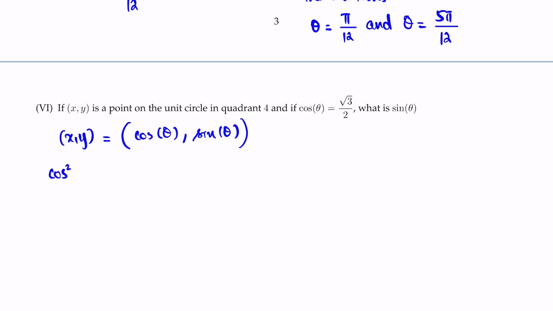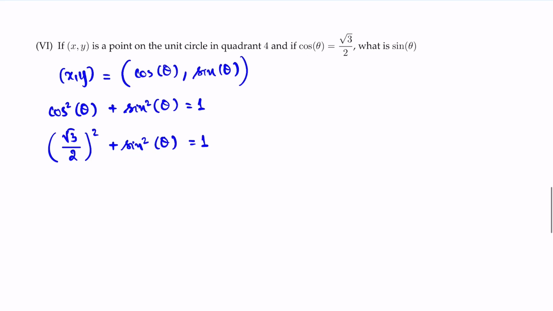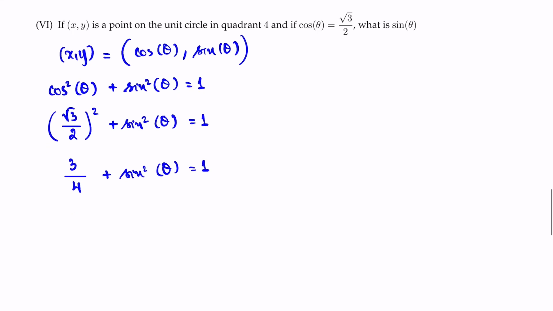So you start out with the Pythagorean identity: cosine squared of theta plus sine squared of theta equal to 1. For cosine of theta, root 3 over 2 squared plus sine squared of theta equal to 1. Or this is 3 over 4 plus sine squared of theta equal to 1. Or sine squared of theta equal to 1 minus 3 over 4, which gives me 1 over 4.